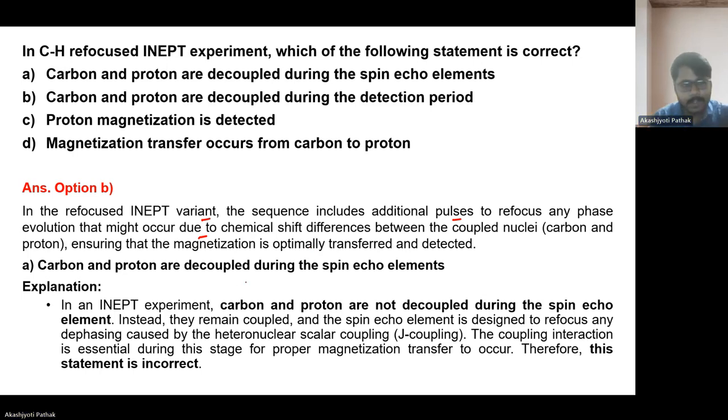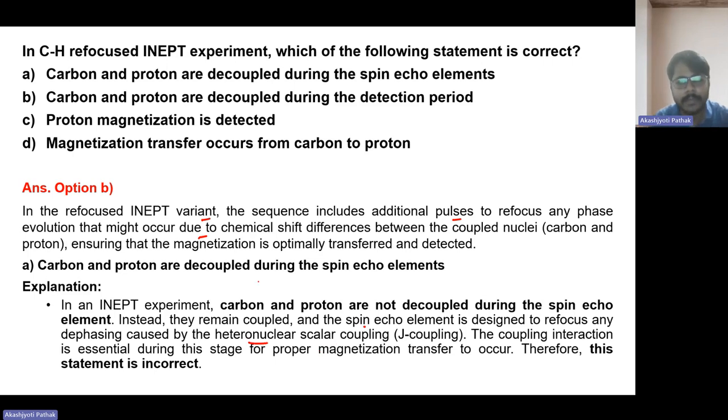Now, carbon and proton are decoupled during the spin echo? In an INEPT experiment, carbon and proton are not decoupled during the spin echo. Instead, they remain coupled, and the spin echo is designed to refocus any dephasing caused by the heteronuclear scalar coupling.